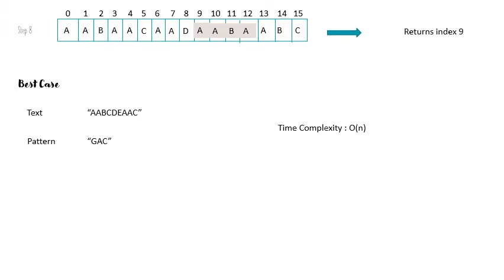The time complexity in such a case is big O of n. In the worst case scenario, only the last character is different. In such cases, the time complexity will be m times (n minus m plus 1), where n is the length of the text string and m is the length of the window size.